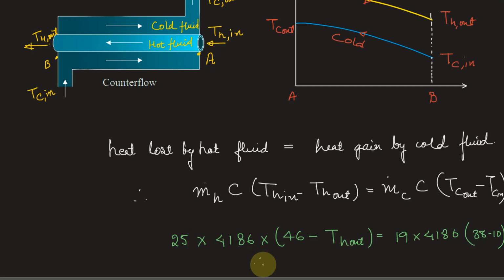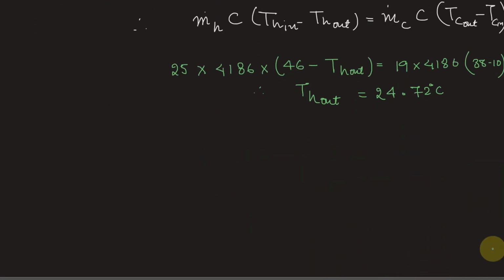So from here we'll get Th out, the temperature of hot fluid at the exit, equal to 24.72 degrees Celsius.